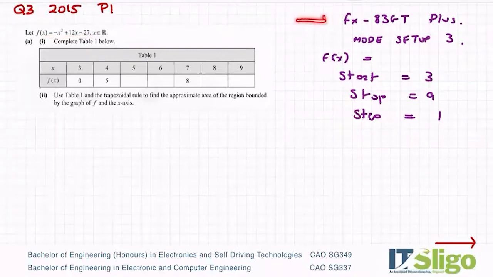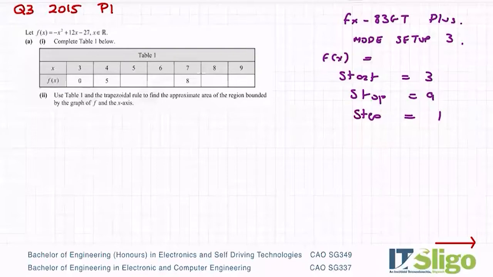I just have written here for the older Casio calculator how to put it in, if you wish to put it in using the tables function. Sorry, I just have to put it in here now because I deleted it. Plus 12x minus 27.